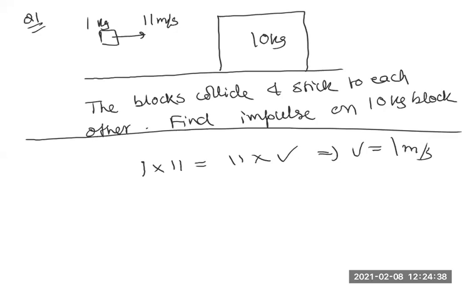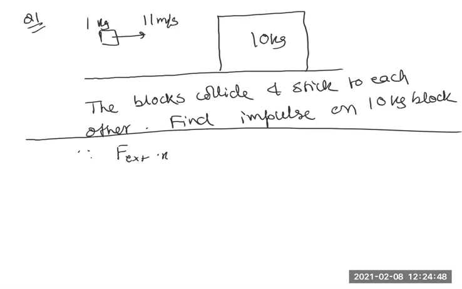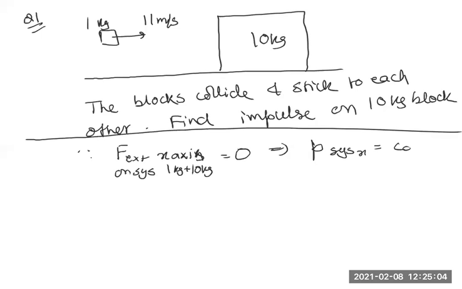Let me put this in clearer terms, maybe. So since F external along the x-axis on the system 1 kg plus 10 kg is equal to 0, this implies that momentum of the system along the x-axis must be constant.